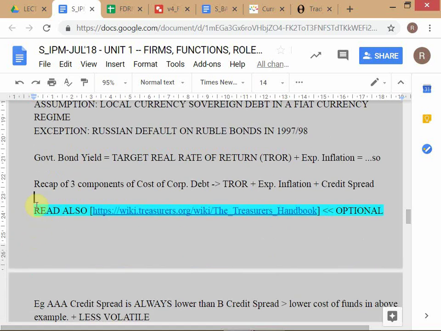I've given you all a wiki, and all of you would be well served in going through it. There's a lot to learn from the Treasurer's Handbook. You can learn a lot about corporate treasury risk management. There's a big write-up on credit ratings and how they work, and that's part of the Treasurer's Handbook. I've made this optional.